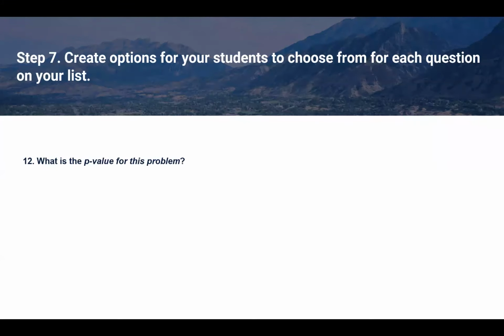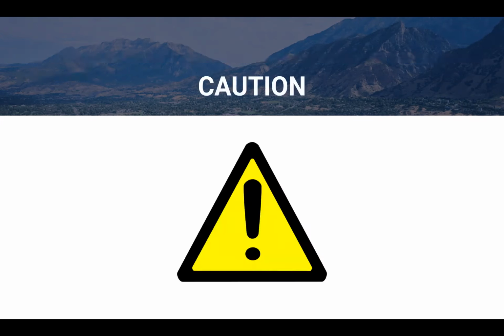This will also be the case if you want the students to solve for a problem and treat it like a multiple choice question. However, there is a caution. Do not use the wording in the specific problem you choose as options for a question.